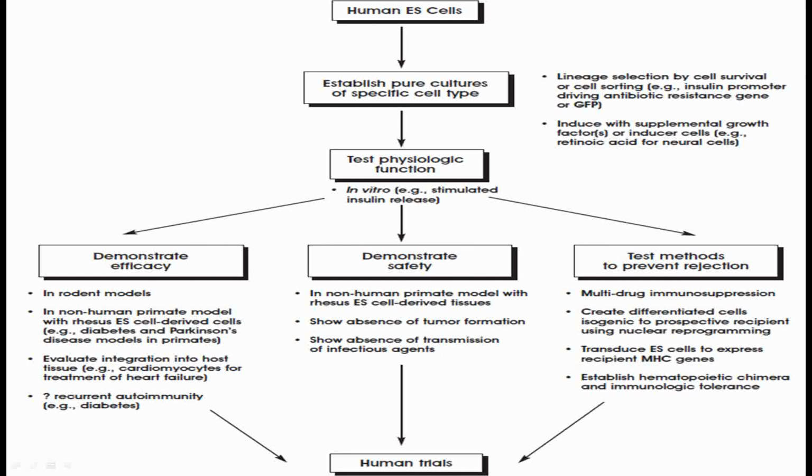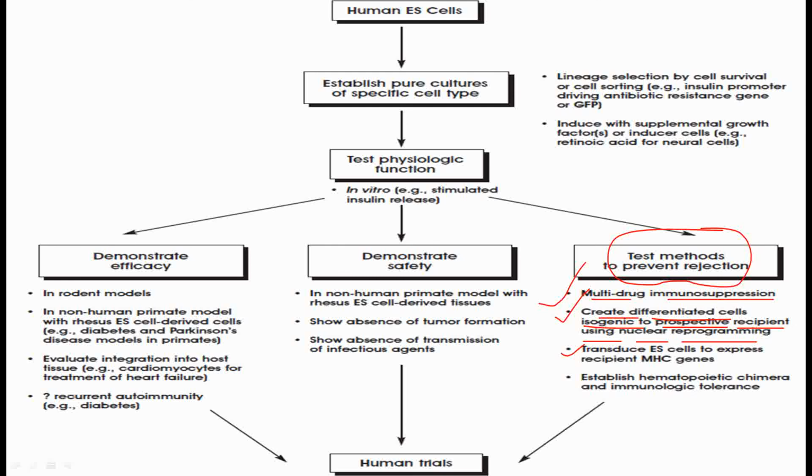If we are going to test methods to prevent rejection, we will see firstly multi-drug immunosuppression. We will create differentiated cells isogenic to the prospective recipient using nuclear reprogramming.